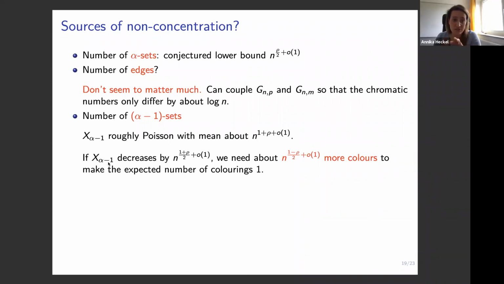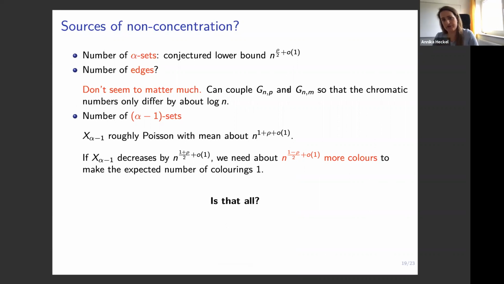And you condition on the number of alpha minus 1 sets, then if you decrease X alpha minus 1 by a typical amount, then you need to increase the number of colors by about n to the (1 minus rho) over 2 times some log factors to still make the expected number of colorings come out as 1. So we conjecture that this is another lower bound for the variation in the number of colors that we need for the chromatic number.